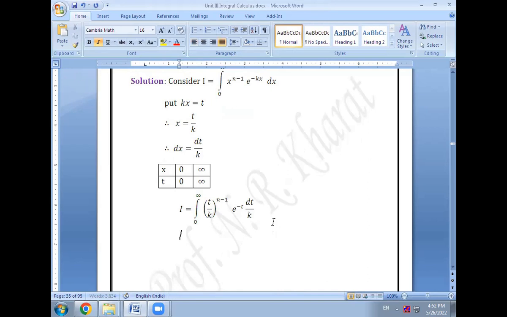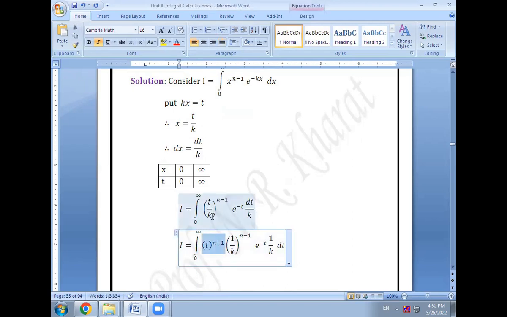We have to make the separation of the numerator and the denominator. So the index of t becomes n minus 1, and 1 upon k, whose index becomes n minus 1. E raised to minus t as it is, 1 upon k as it is.